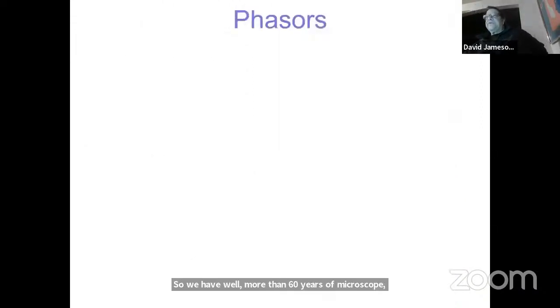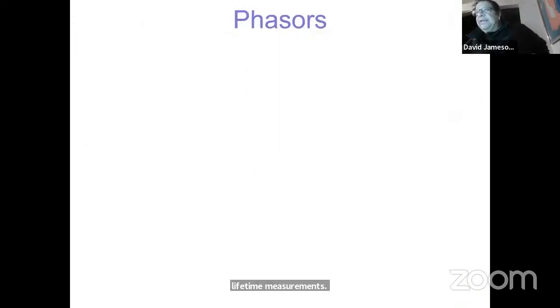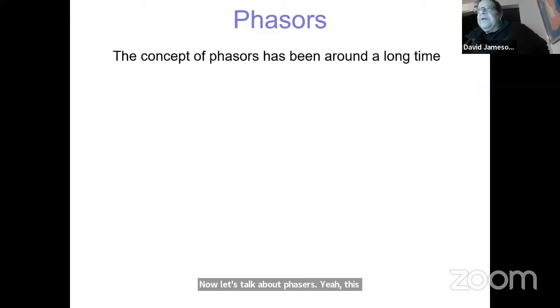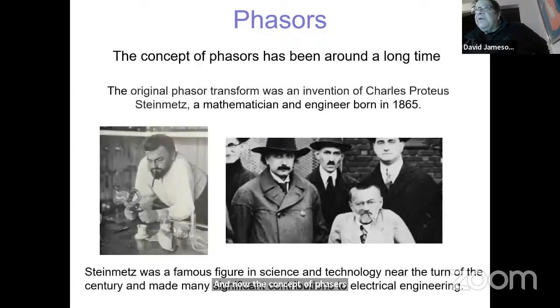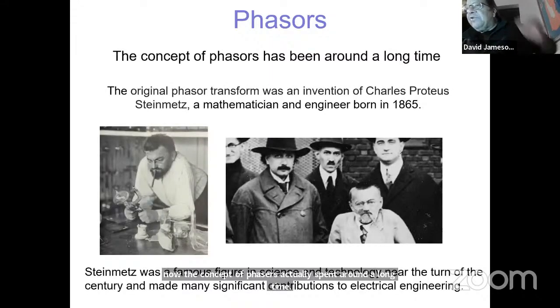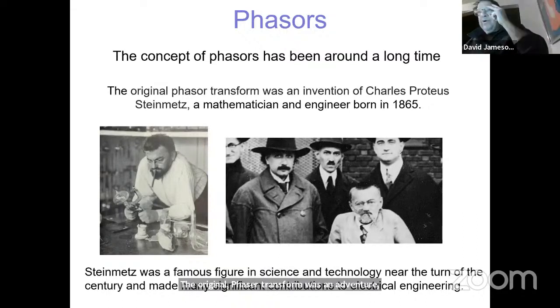Now let's talk about phasors. And this is an important part of the course. The concept of phasors actually has been around a long time. The original phasor transform was an invention of Charles Proteus Steinmetz, who was an outstanding mathematician and engineer born in 1865.